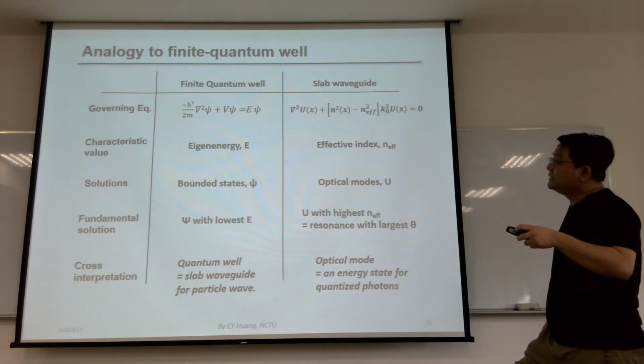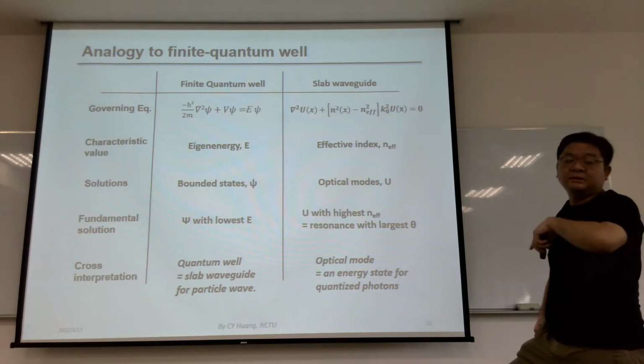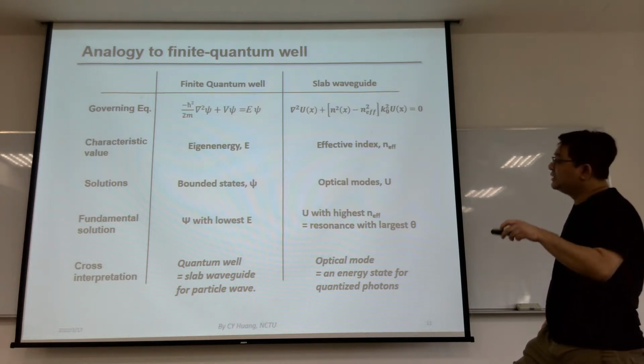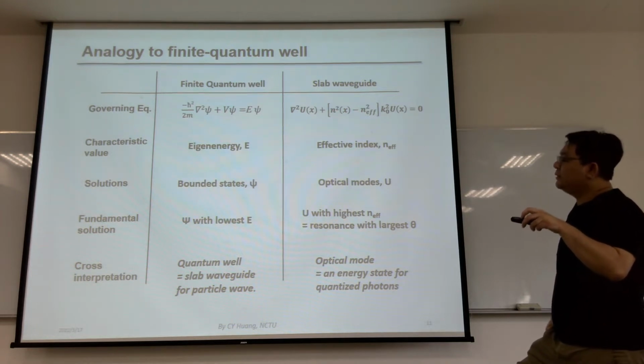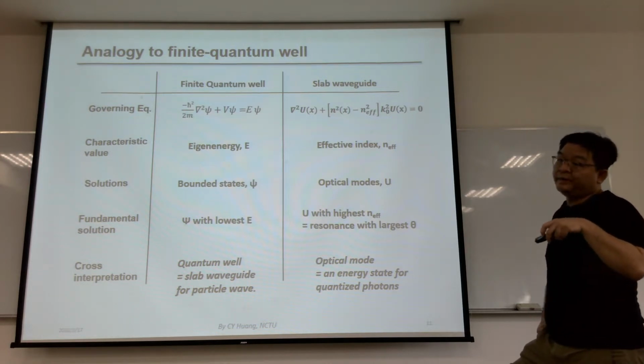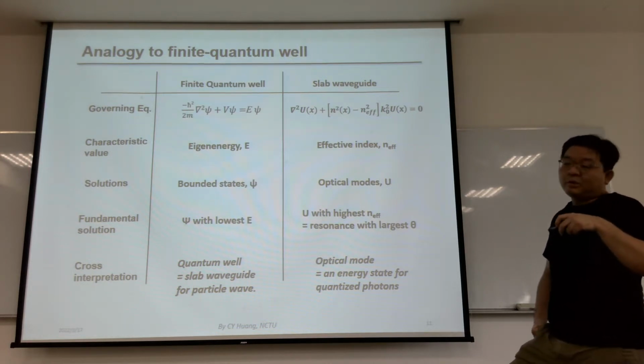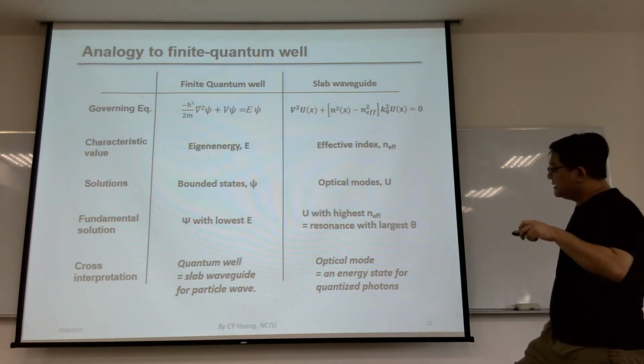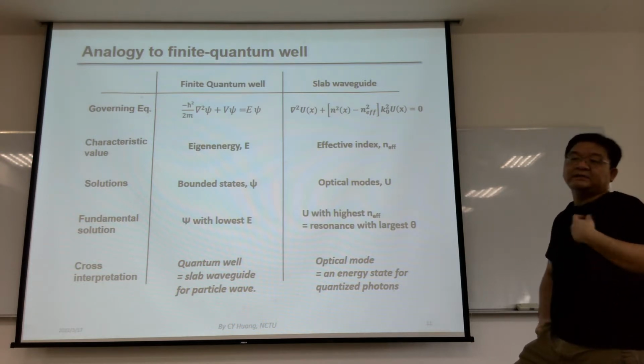We can see each other through a cross interpretation: a quantum well is actually a slab waveguide for the particle wave, and the optical mode can be seen as an energy state for the quantum well.